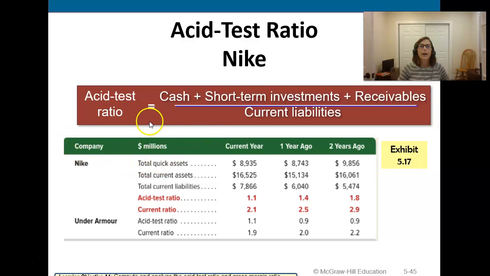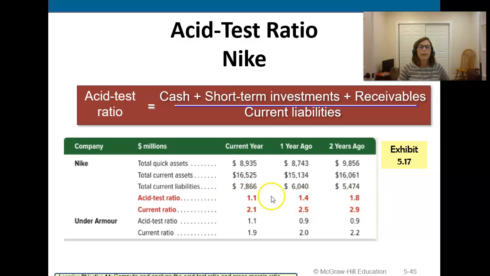And so here again is the equation, and then we show the acid test versus the current ratio. So again, basically the only difference between the acid test ratio and the current ratio is the acid test ratio is not going to include inventory in the numerator.